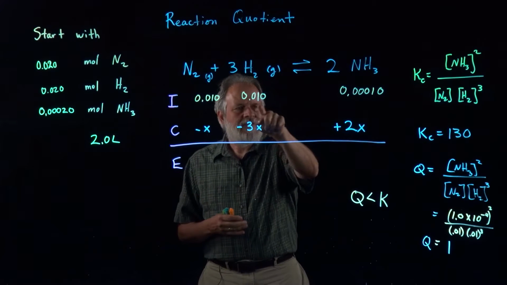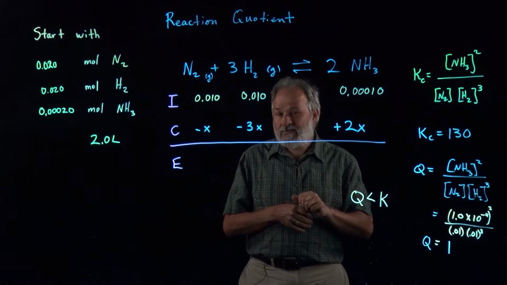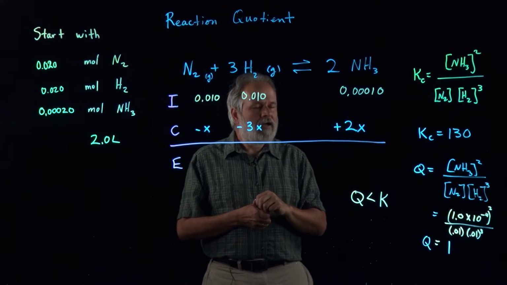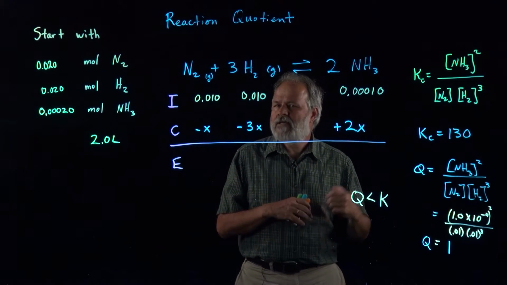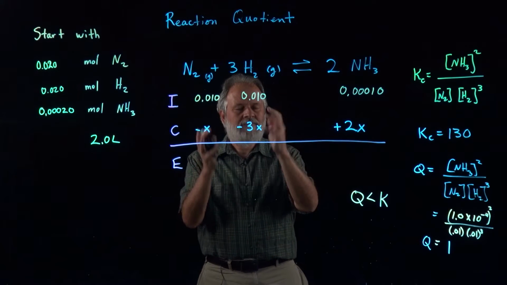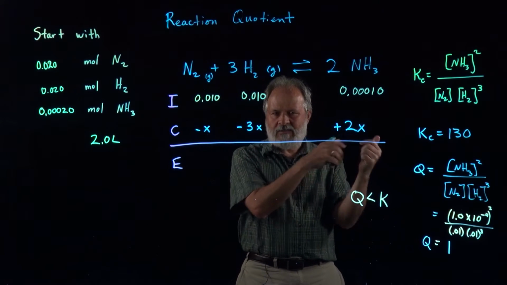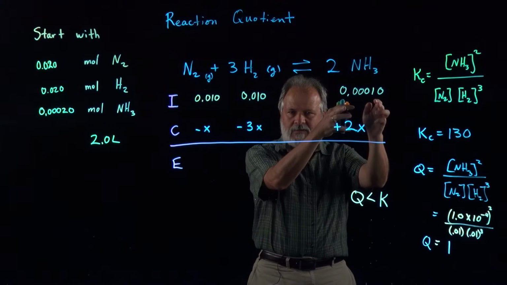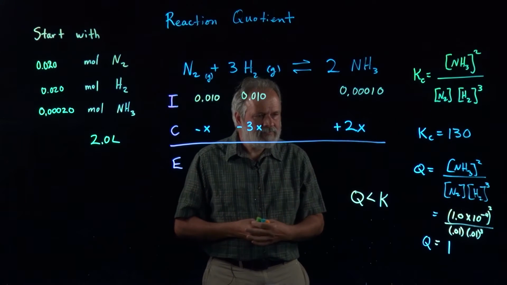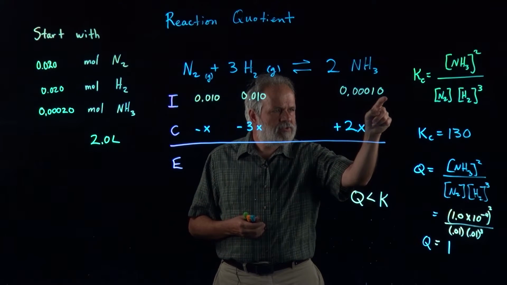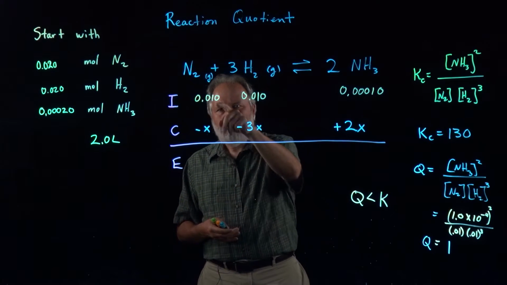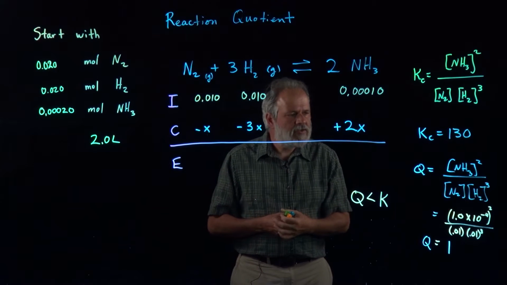Okay, so at this set of conditions, the rates are not equal. The reaction is going to be such that the forward rate is greater than the reverse rate, which means there's more reaction going this way than there is coming back. So that's going to build up. This is going to decrease. So I know the final answer is going to be larger than 0.0001, and these will be less than 0.010.